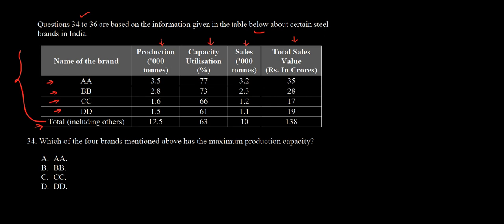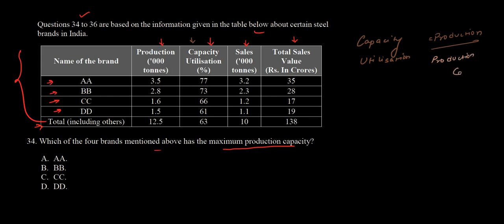So let us check the question. It says which of the 4 brands mentioned above has the maximum production capacity. So how will we find the maximum production capacity? First of all, what is capacity utilization percentage? We can find this as production divided by production capacity.